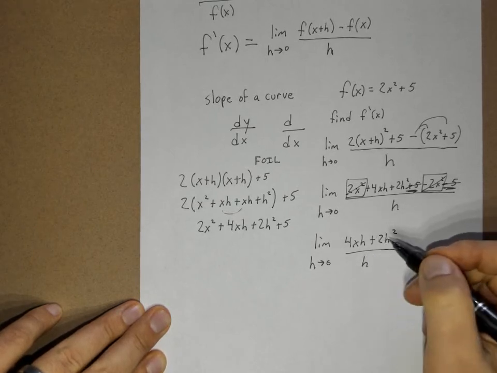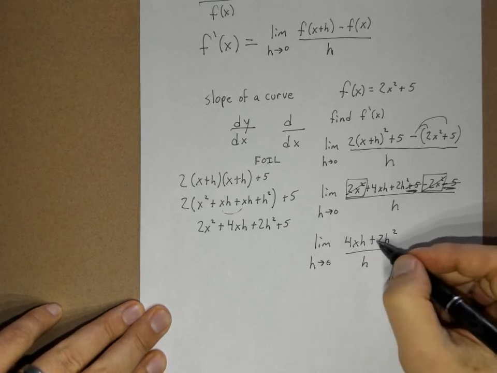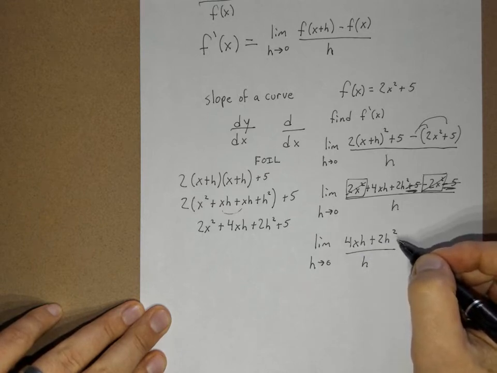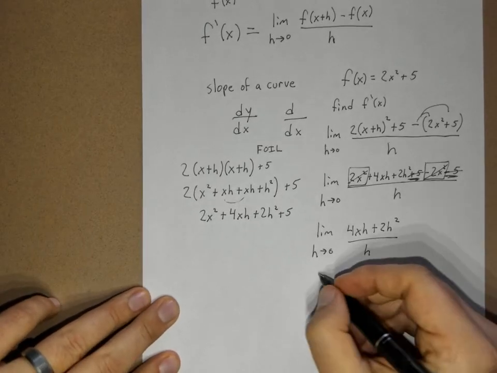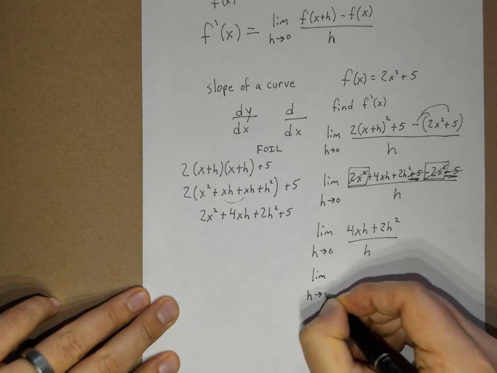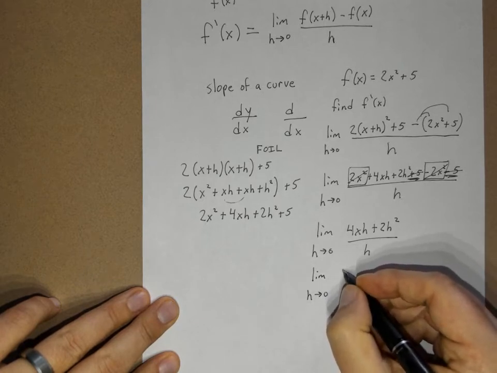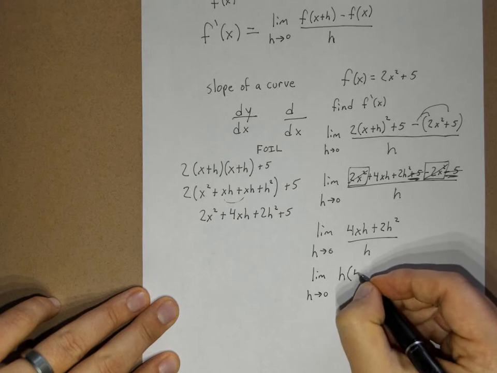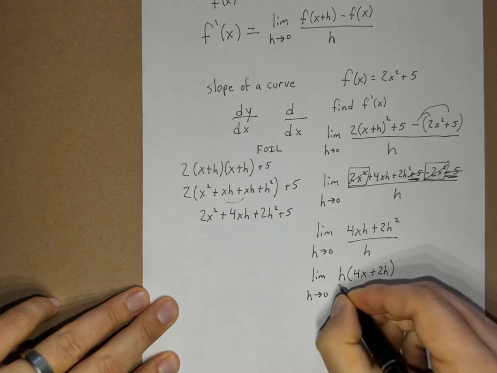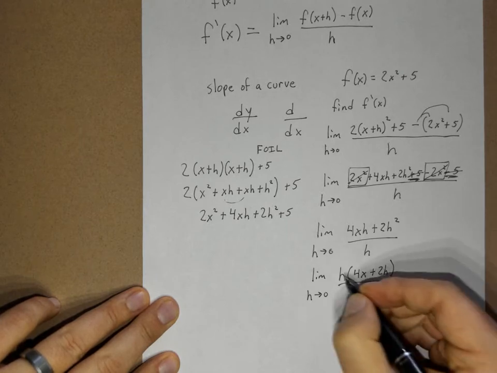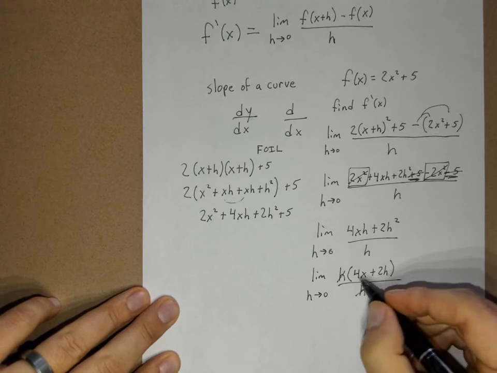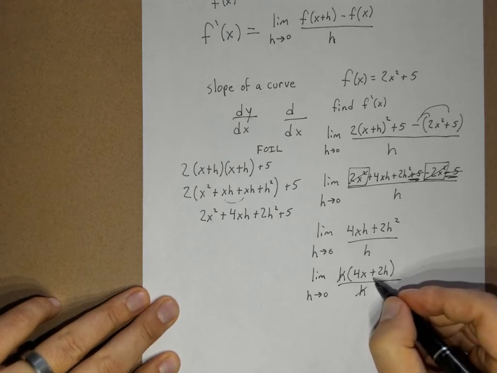And now here's where the nice stuff really starts to happen. In my numerator I see that both of these have an h, so you can factor that out. That's going to be the key part here. So now I can rewrite this as the limit as h approaches 0 of h times 4x plus 2h, all divided by h, and now those h's can cancel out, and we're left with 4x plus 2h.